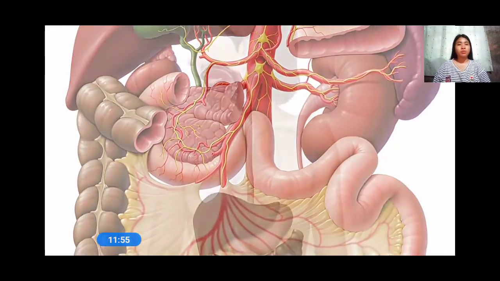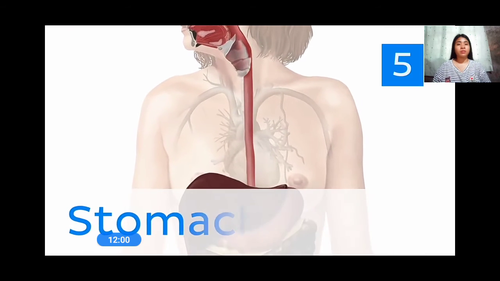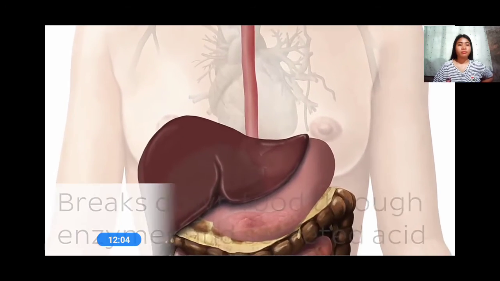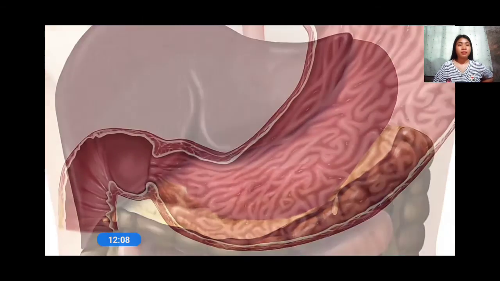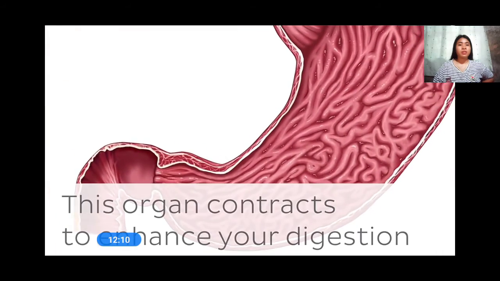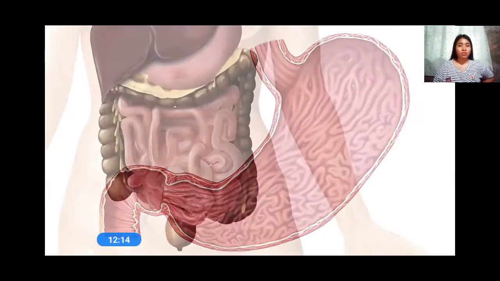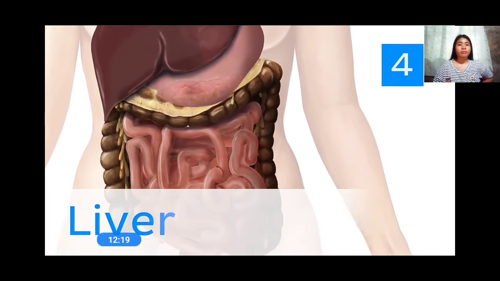The 5 most important part of our important organ. 5 is the stomach. Breaks down food through enzymes and secreted acid. Okay, so that's the stomach. This organ contracts to enhance your digestion. And then we have the liver.